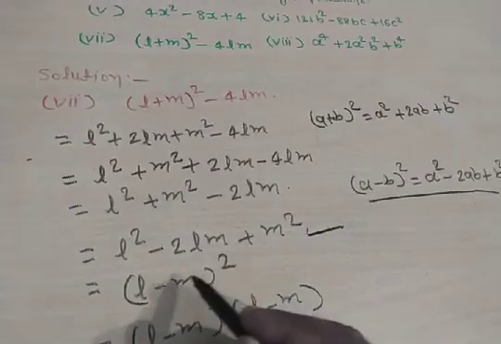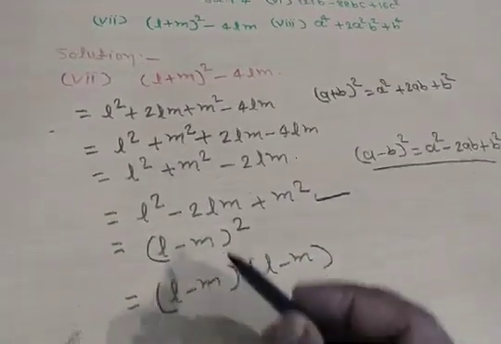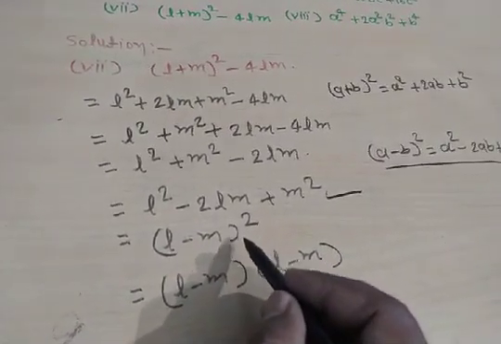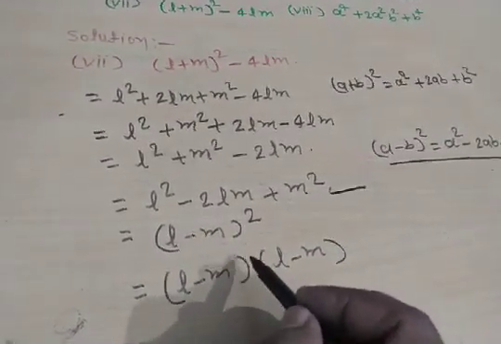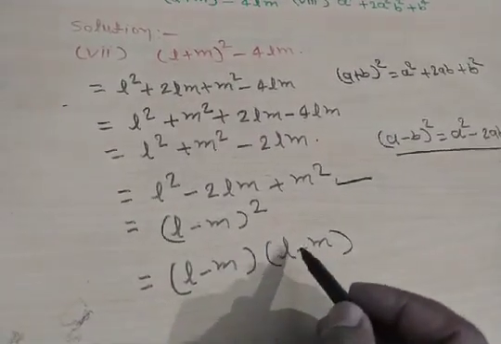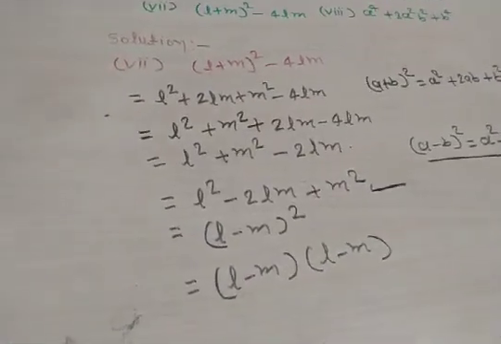So you can write it as the whole square of L minus M. Clear? And this is a whole square, which means you write it two times. This is the product of L minus M into L minus M. Okay, clear? So I hope all of you understood.